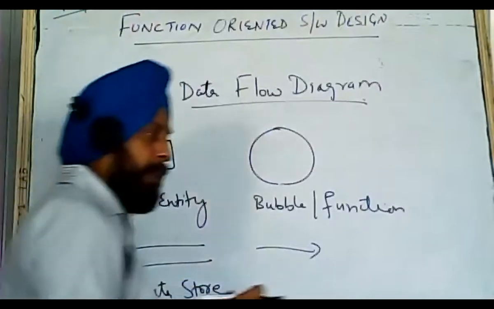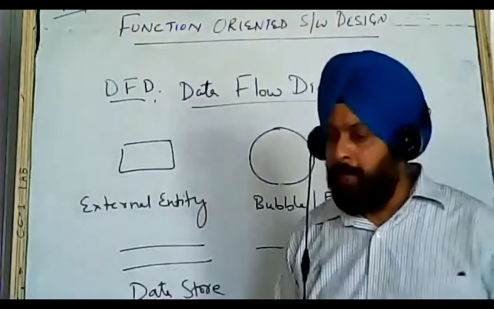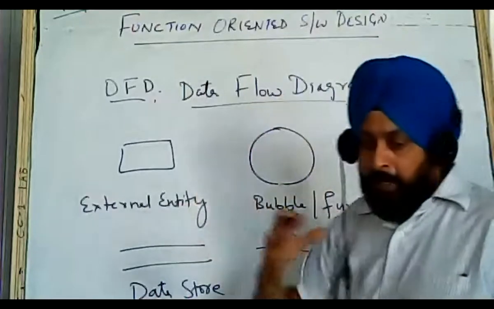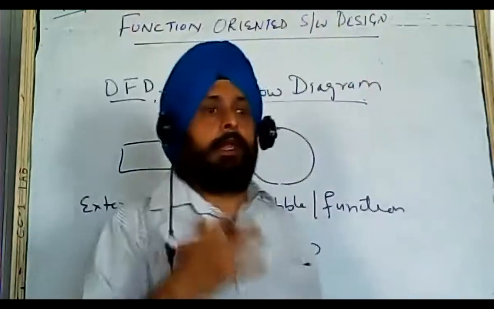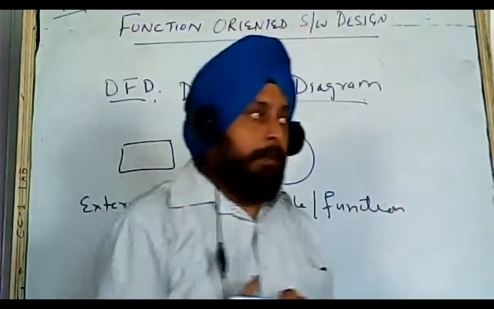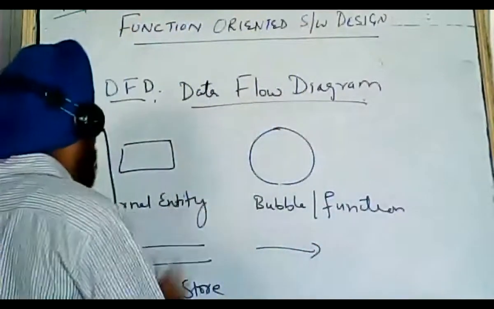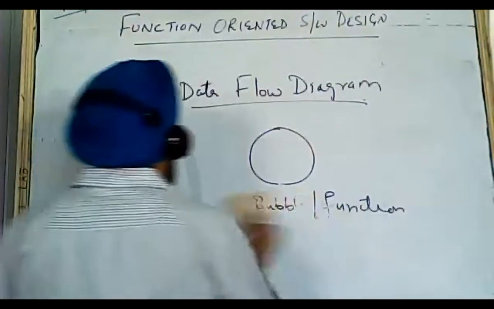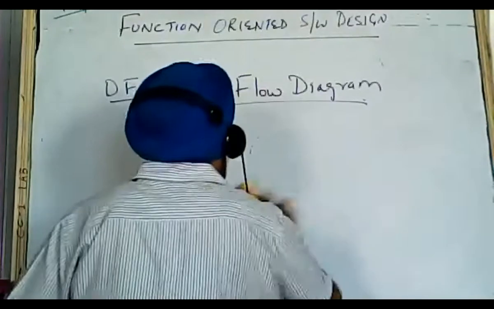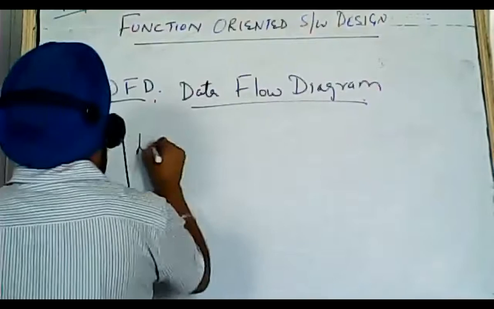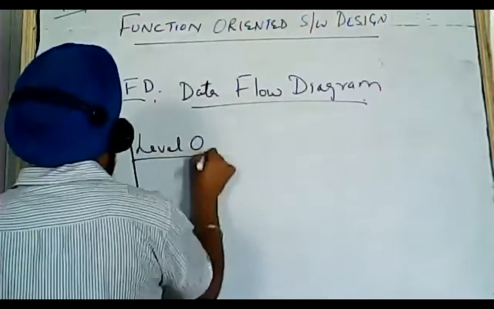We will do some very important simple DFD diagrams. And one more thing about the DFD: it is always drawn in levels. So what is a level? The levels of the DFD are: the first important level is level 0.